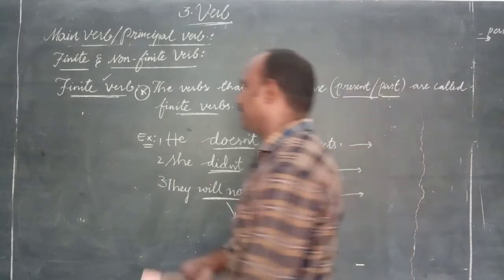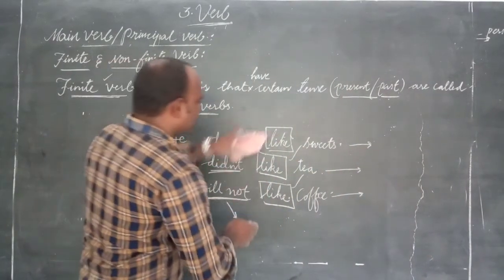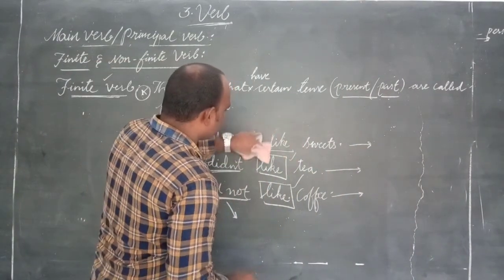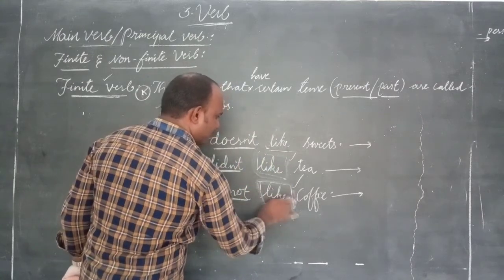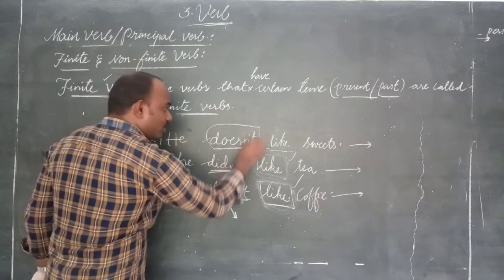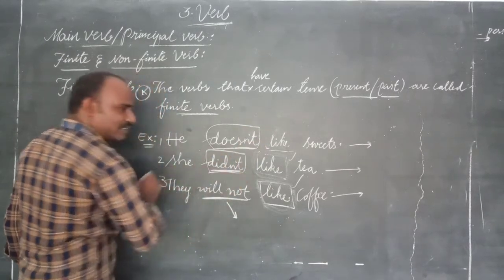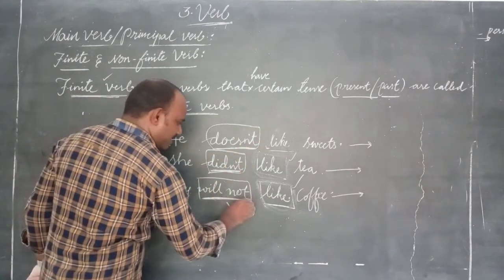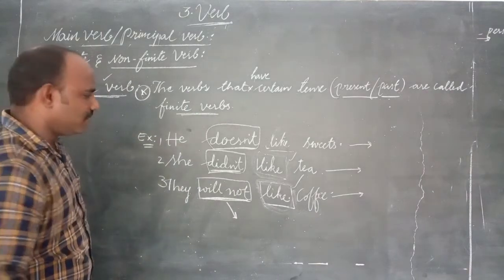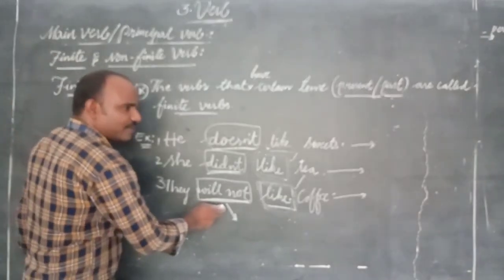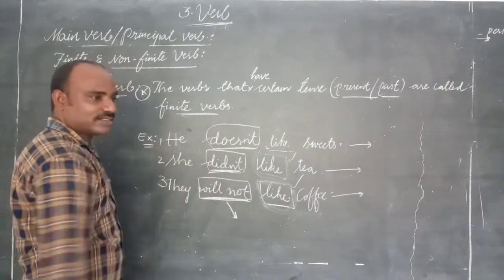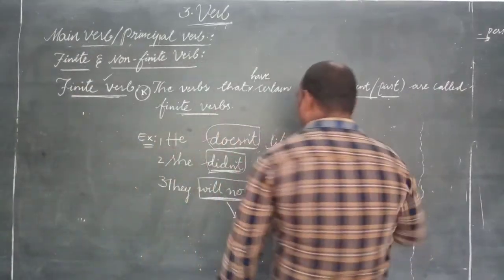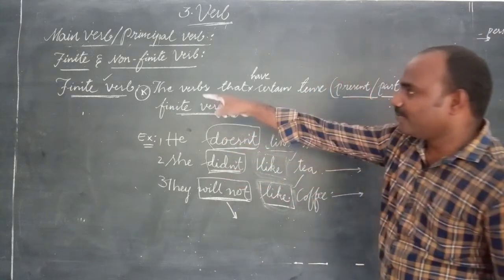We are learning finite verbs, so forget about this verb, like. Look at these verbs: does not in the first sentence, did not in the second sentence, and will not in the third sentence. These three tell us three different tenses: present tense, past tense, future tense. So these are finite verbs.